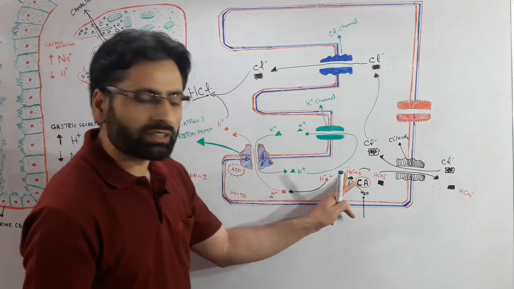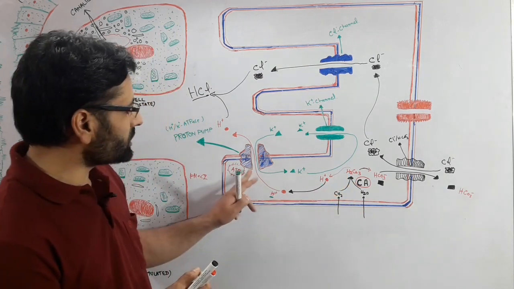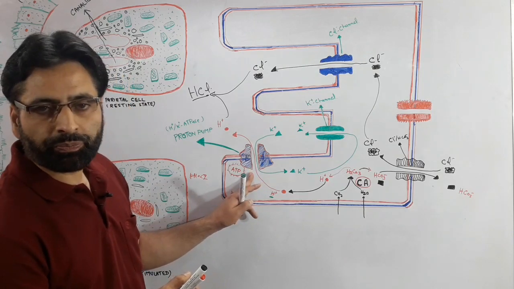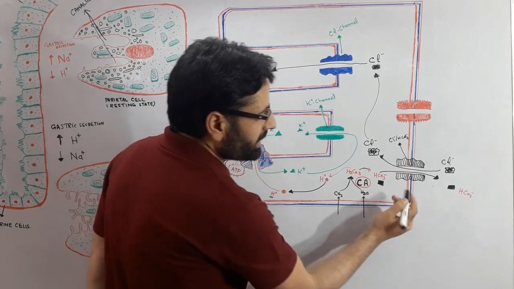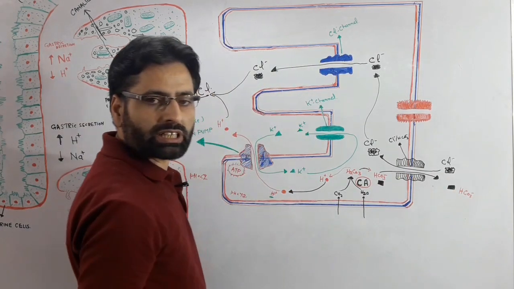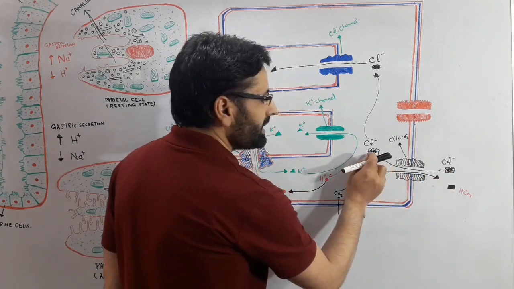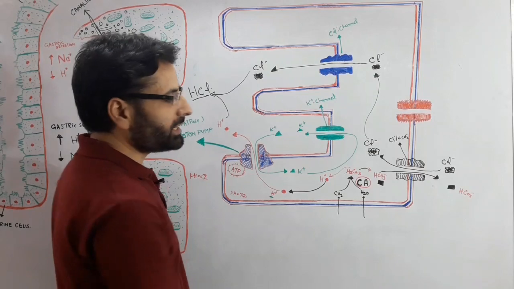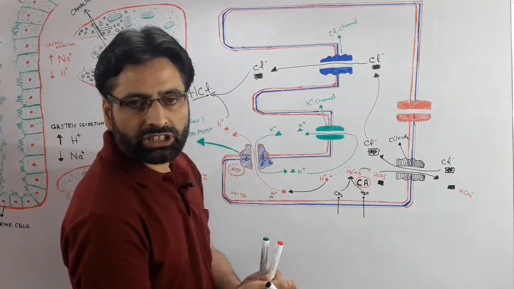Upon dissociation it releases this proton, which acts as a source for this proton pump. At the same time we have this bicarbonate, which gets transferred towards the outside, and simultaneously chloride from the outside enters the cytoplasm, and this chloride acts as a source for this chloride channel.